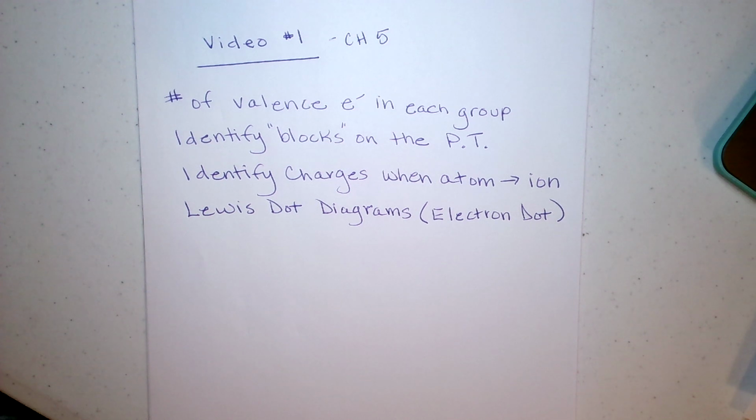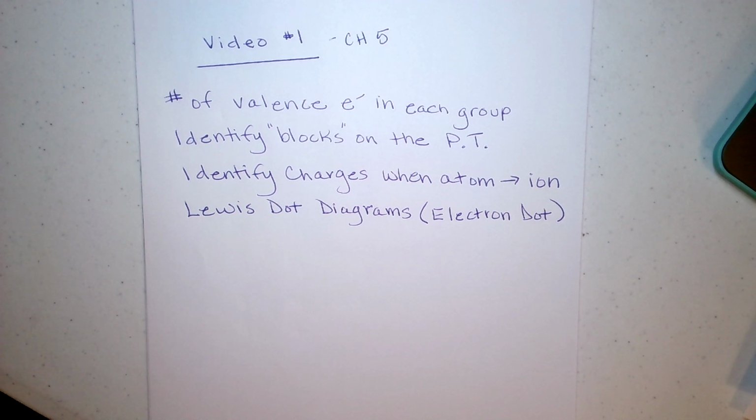If they gain or lose protons, then they turn into a different element, because a proton identifies what element it is, and electrons determine reactivity and behavior, how that atom is going to interact or react with other atoms, okay? And lastly, we're going to look at Lewis dot diagrams, also known as electron dot diagrams, okay?